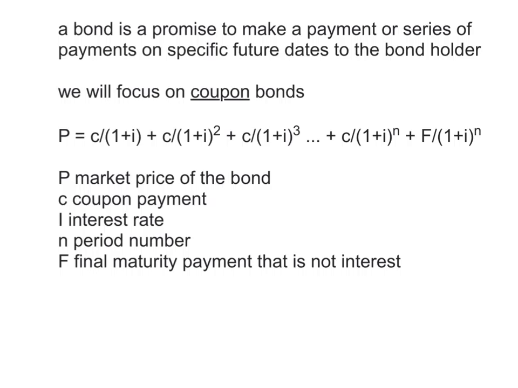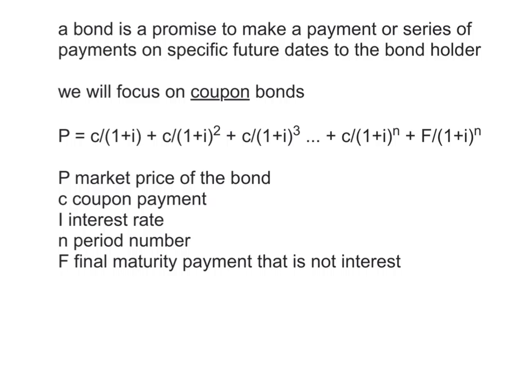In the equation there, P is the price you pay, C is the coupon payment, I is here assumed to be a constant interest rate, although that may not be the case. N is the number of future payments, and F is the nominal value of the final maturity payment.